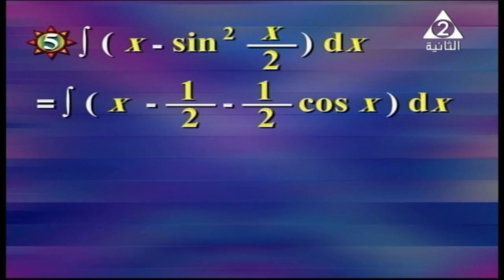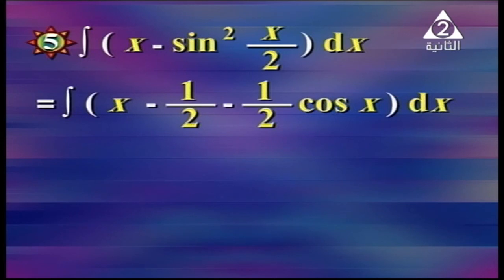In this case, double x over 2 is x, so 2 times x over 2 divided by 2 gives cosine x. So the expression becomes x minus 1 over 2 plus 1 over 2 cosine x.